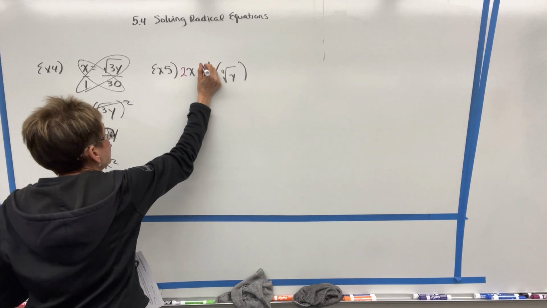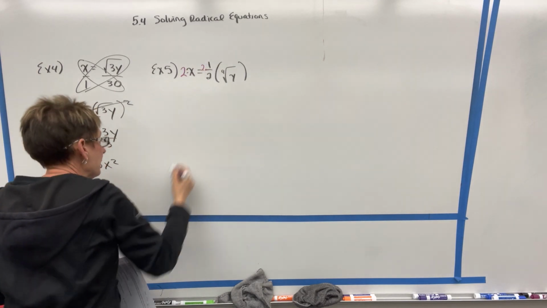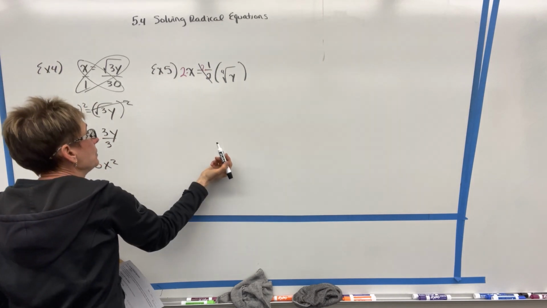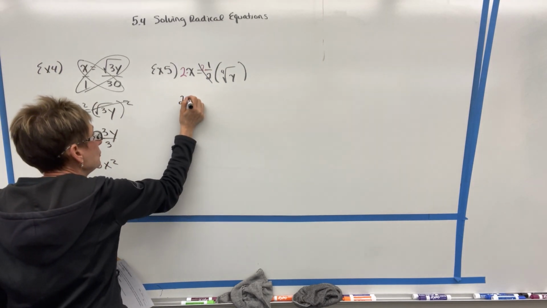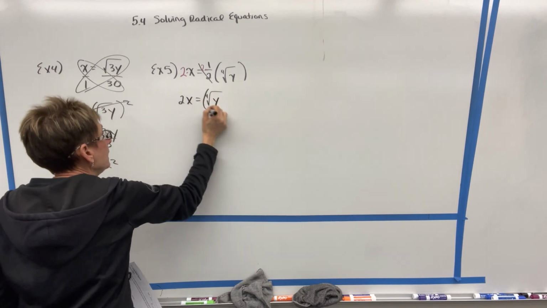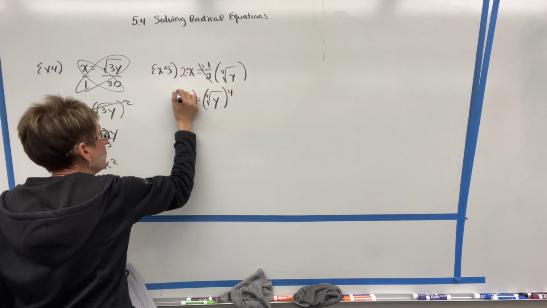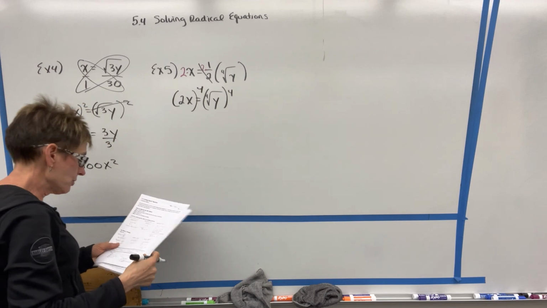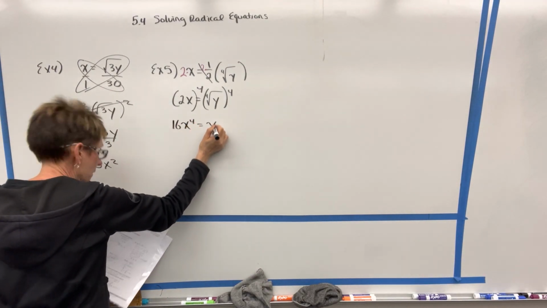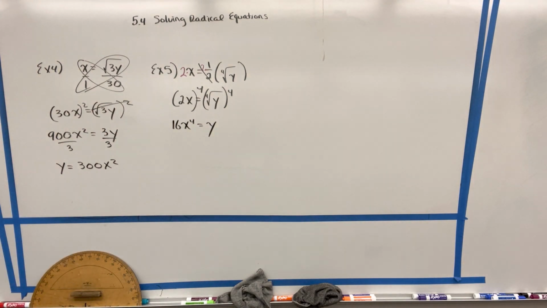So I'm multiplying by 2 here, multiplying by 2 there. The nice thing about doing that is that this 1/2 goes away. So now I have 2x equals the 4th root of y. Again, I do need to raise this to the 4th power. 2 to the 4th is 16, so this is going to be 16x to the 4th equals y, and that problem will be done.